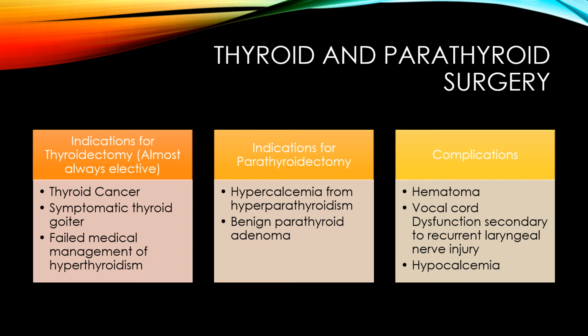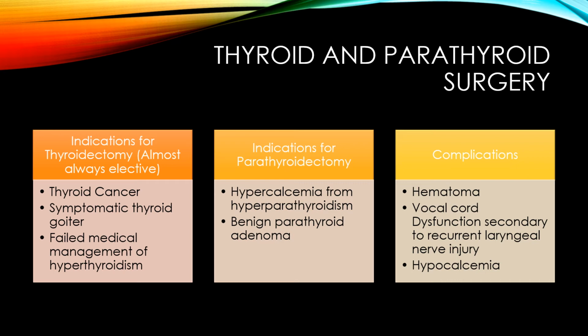Sometimes managing the hypercalcemia associated with parathyroid disease is not an option, and so the only way to treat it is to remove the parathyroid glands. Often they'll leave a portion of the gland in place to help regulate the calcium.